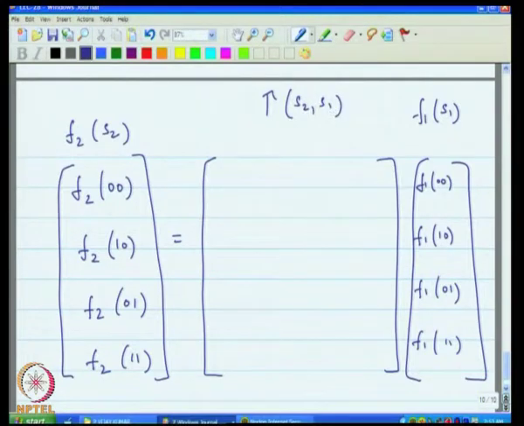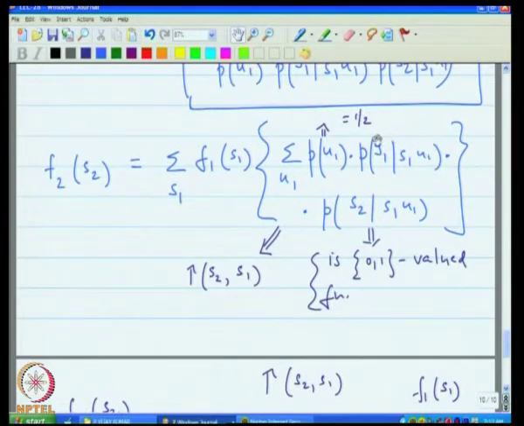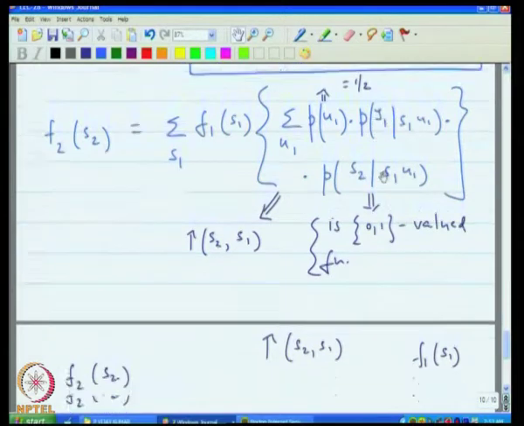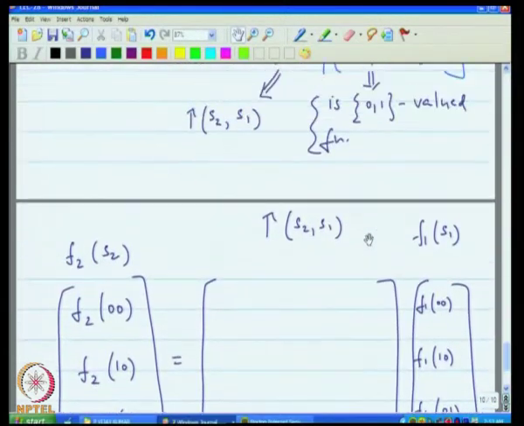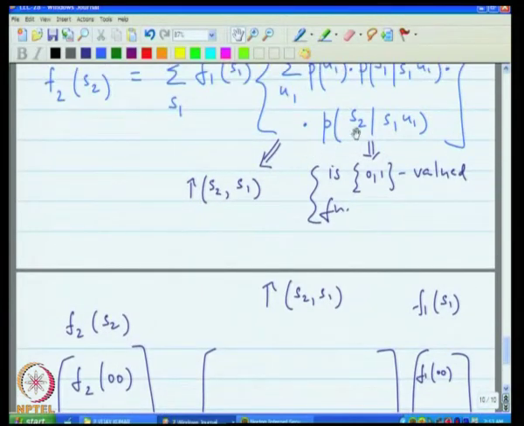So, in general you can try to find out what the entries are. In general, this is where the information from the outside channel, from the Y's, actually comes in, but what I want to pay attention to is where you have zeros and where you do not.